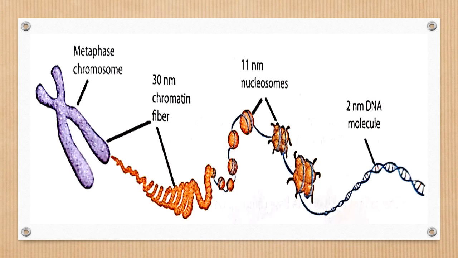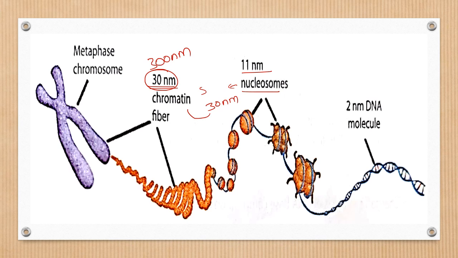See here, the 2 nanometer DNA molecule is wrapped around the histone proteins to form the nucleosome, which is around 11 nanometers. Here the chromatin fiber is 300 nanometers. The nucleosome forms a solenoid of 30 nanometers.